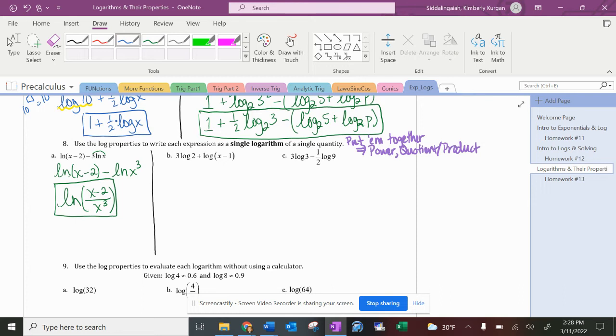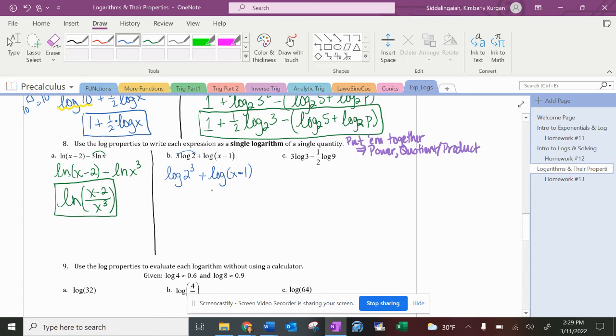Okay, so hopefully you're coming off of a pause and you brought that 3 up first. We need to deal with that power property before we do anything else. And while I'm finishing writing that, I noticed that they're both log, L-O-G, so both base 10. So I can actually combine them.